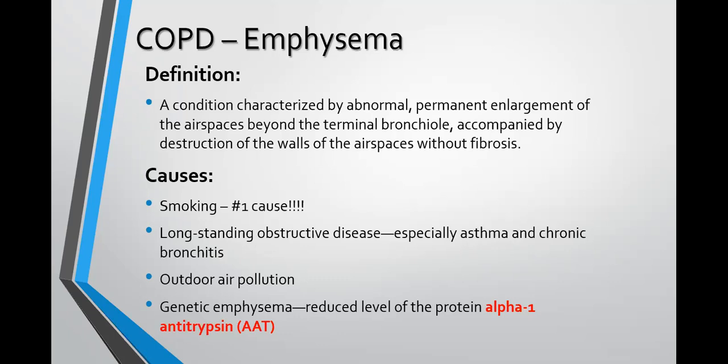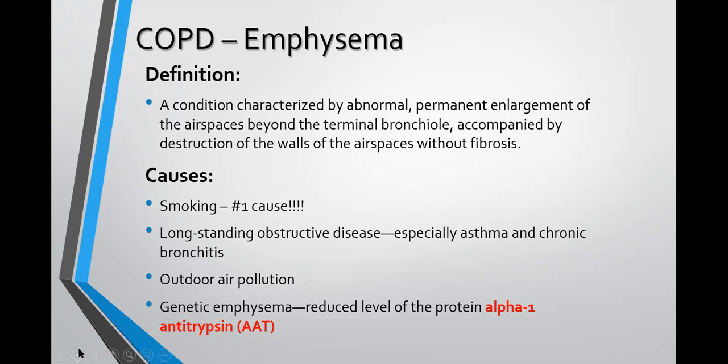Okay. There's a protein in the body called alpha-1 antitrypsin that helps keep the lungs' elasticity. But if you're born with low levels of that, then you automatically have emphysema from birth. Okay? You can have emphysema type problems from birth because you have a low level of alpha-1 antitrypsin.